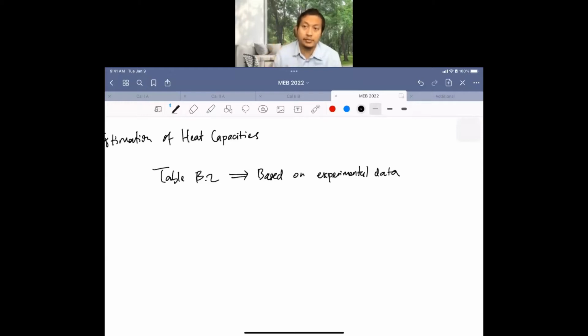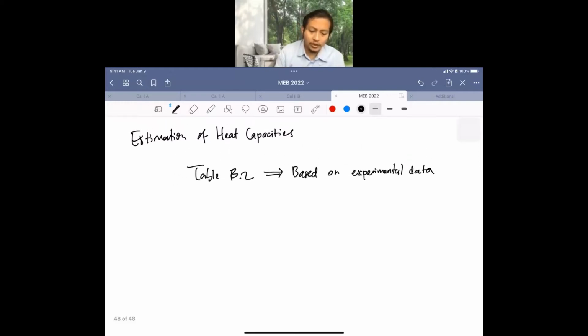For several substances that they get the results from. And another way to estimate the heat capacity is they have several approximations.